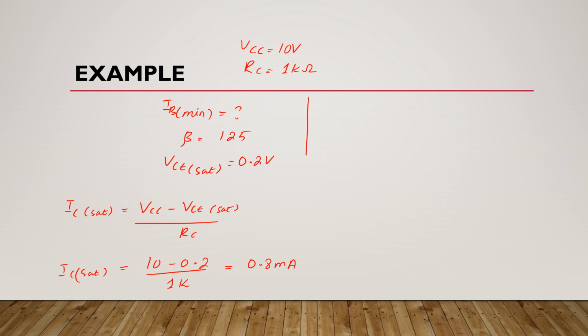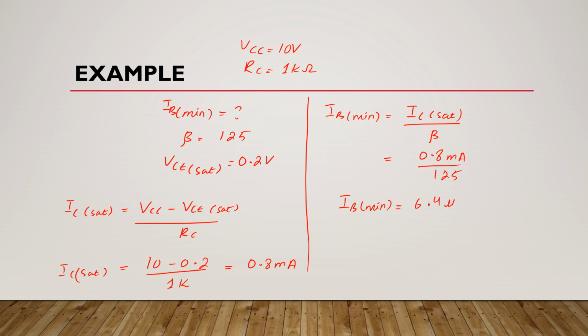We know that the formula of minimum value of base current is saturated value of collector current divided by beta. Here we know that this value is 0.8 milliamperes and beta is 125. After solving this, you will get 6.4 microamperes.